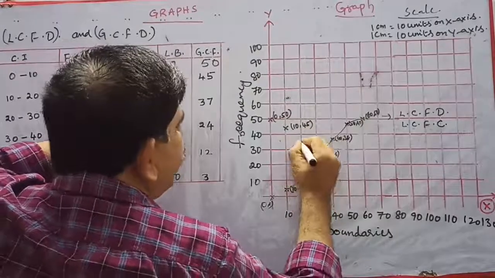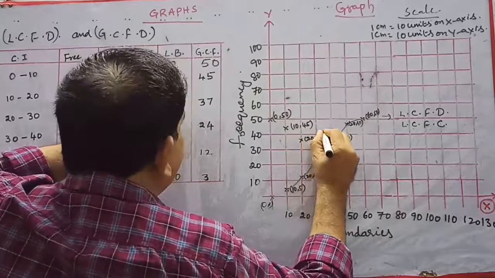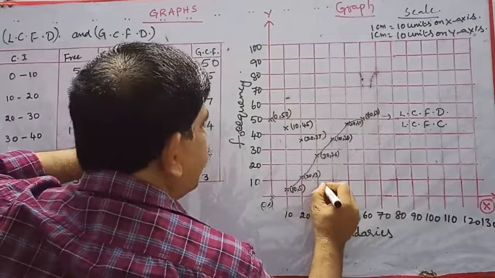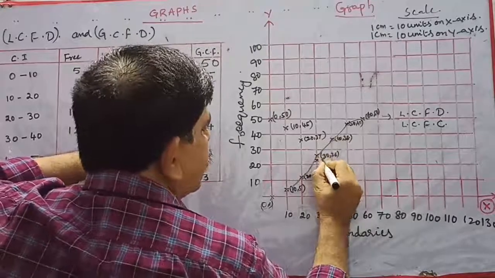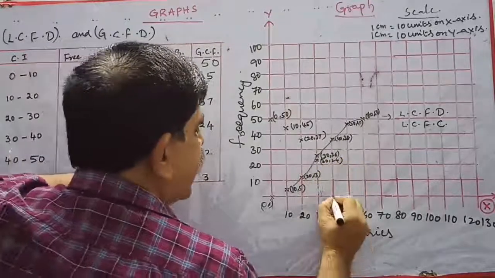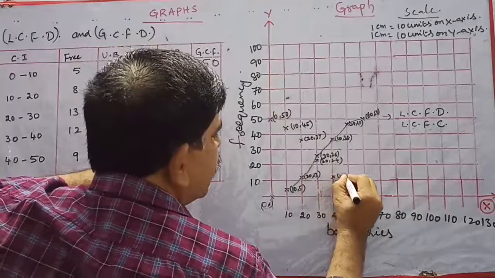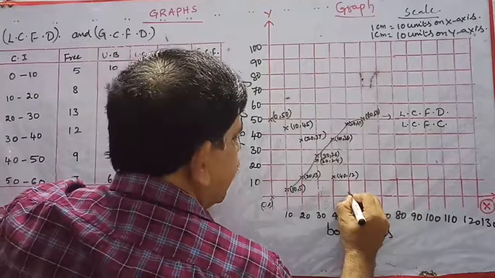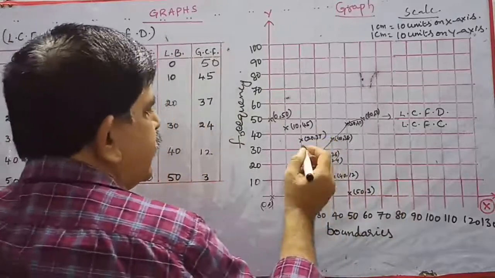Next 30, 24. Next 40, 12. 50 comma 3. Now join the points.